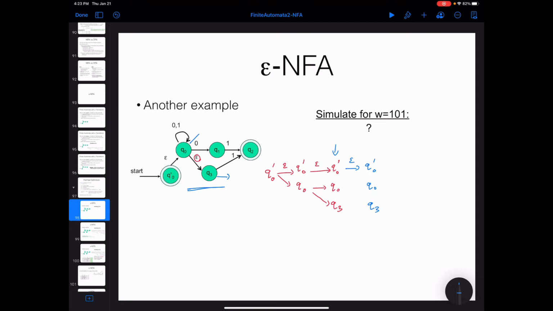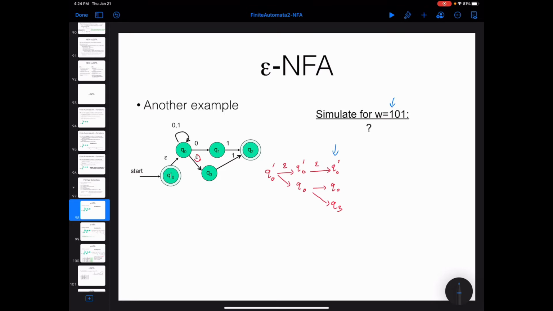If we had, we could expand more, but we don't, so it's not going to give us anything more. So I can just stop applying the epsilon transitions, and then I can start reading the first input symbol.